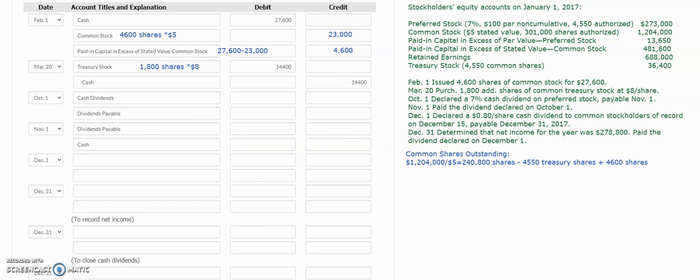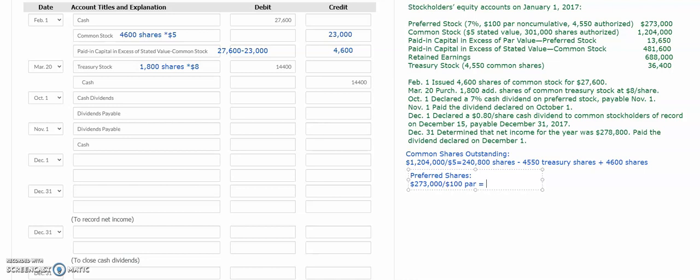So to determine the dividends payable, we need to take the number of preferred shares. So we don't know the number of preferred shares, so we need to compute this. So preferred shares can be determined by taking the total dollar amount of $273,000, and we're going to divide that by our $100 par value.